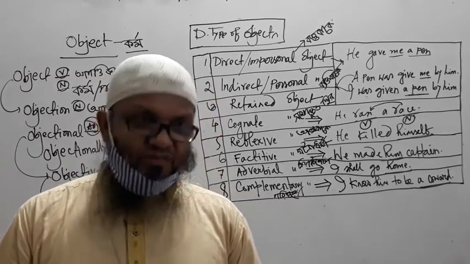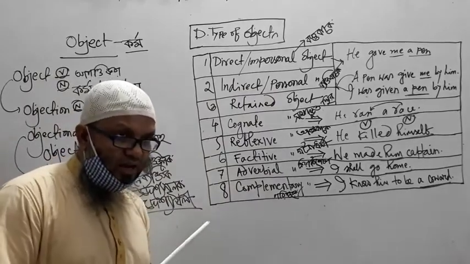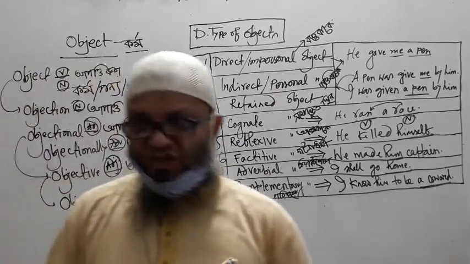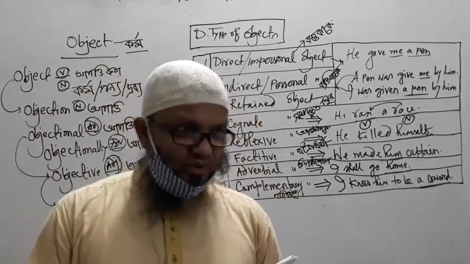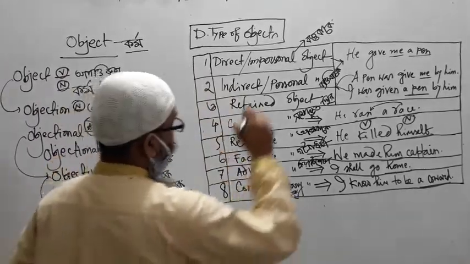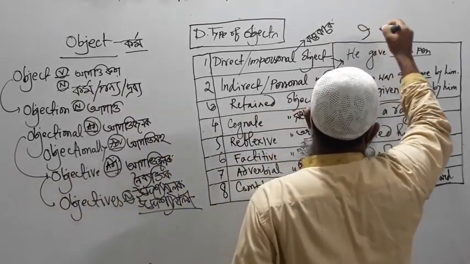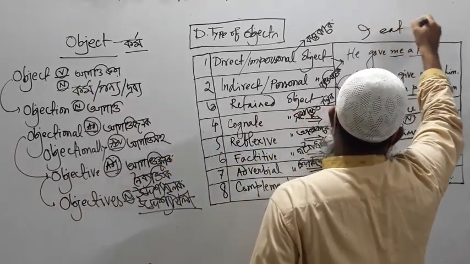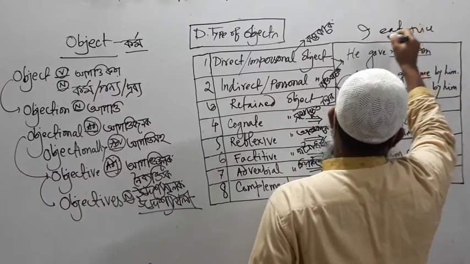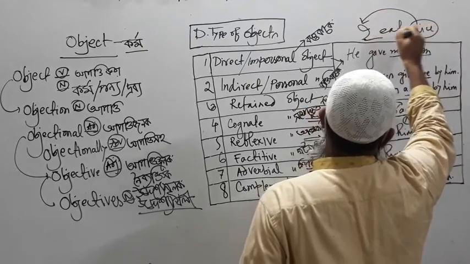An intransitive verb can never be turned into passive voice. That's why the verb that has an object is called a transitive verb. So I can give you an example. Suppose I eat rice. See that it has an object. So it is a transitive verb.